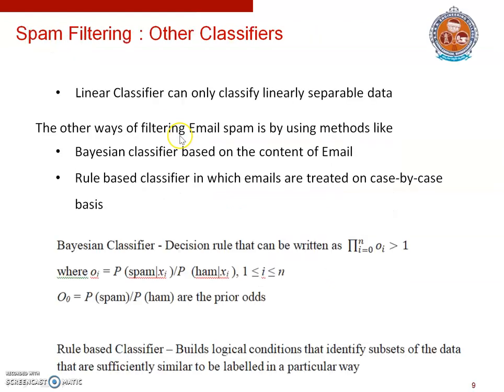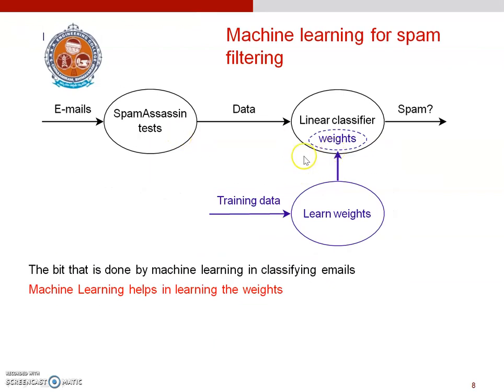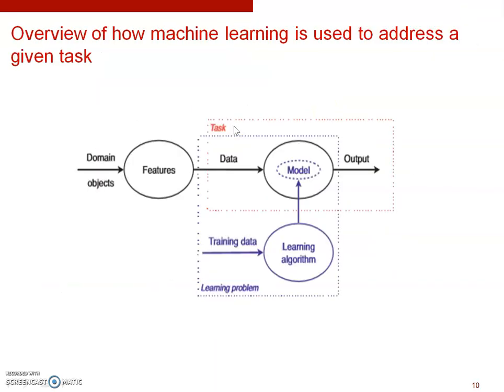Previously, we have seen a similar diagram where a linear classifier is learned from the training data. Here, this is the generalization of the diagram, where different machine learning algorithms can be used to learn the models from the training data. So the model is the output of the machine learning algorithm.